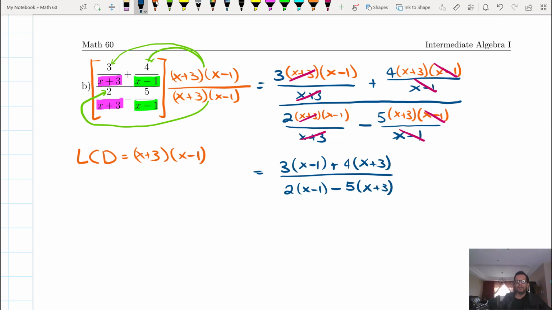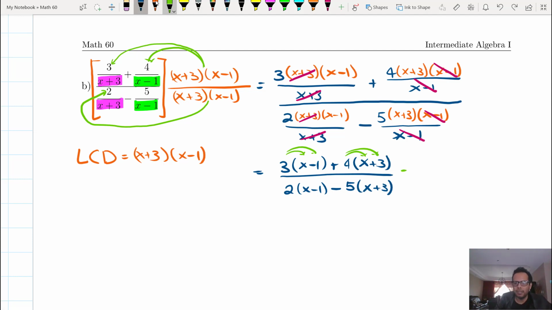At this point, we are good to go and use the distributive property and simplify this expression. So what are we going to have? We're going to have the following.